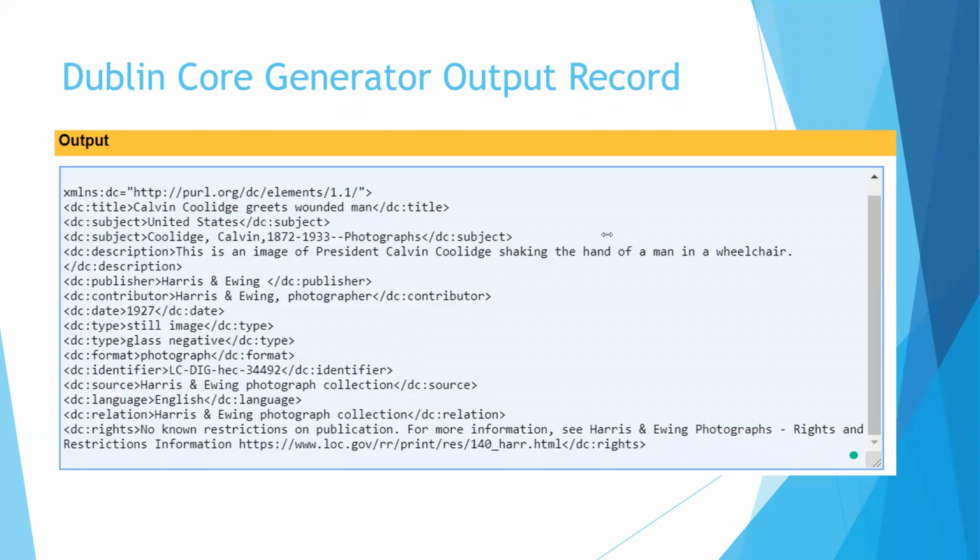Okay, we have another question here. Is there a minimum suggestion of how many elements to be used? For example, must have at least 3, etc. Not really. So for simple Dublin Core, it's core for a reason, right? They're basically suggesting that you use those 15 elements.